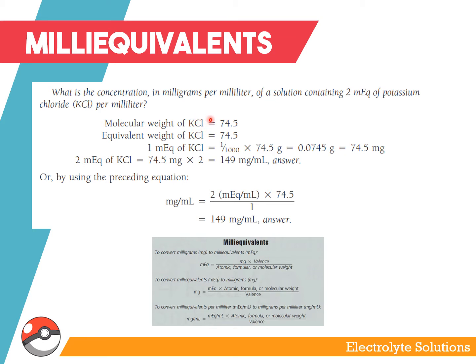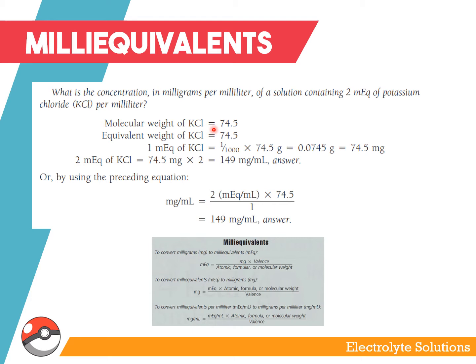We may not memorize, but we should at least be familiar with the molecular weight of each element. Potassium has around 39 grams per mole, while Cl has around 35 grams per mole. The more accurate molecular weight for KCl is 74.5.